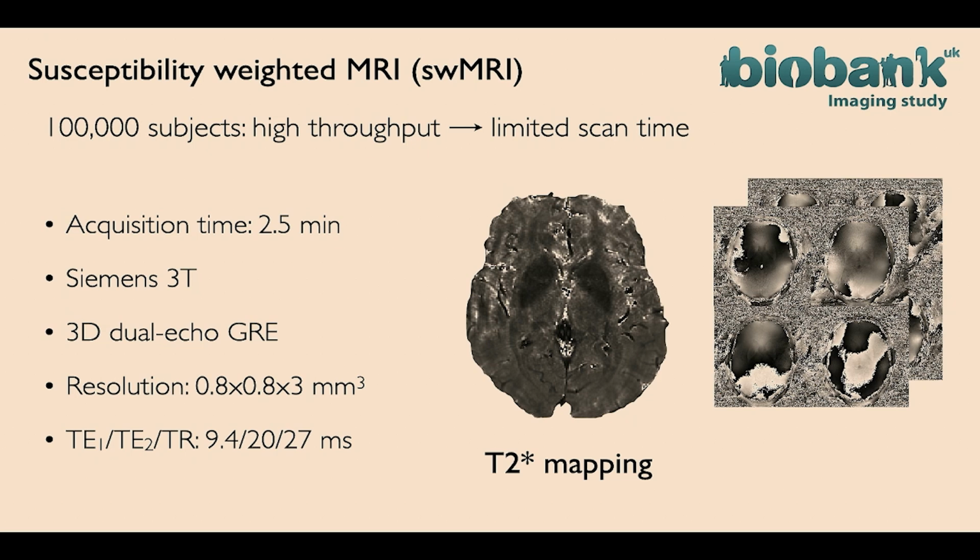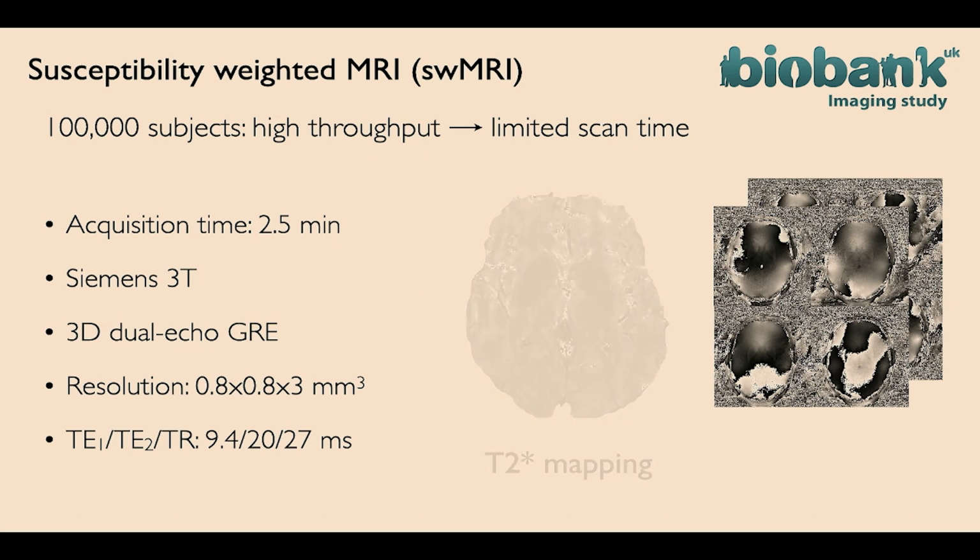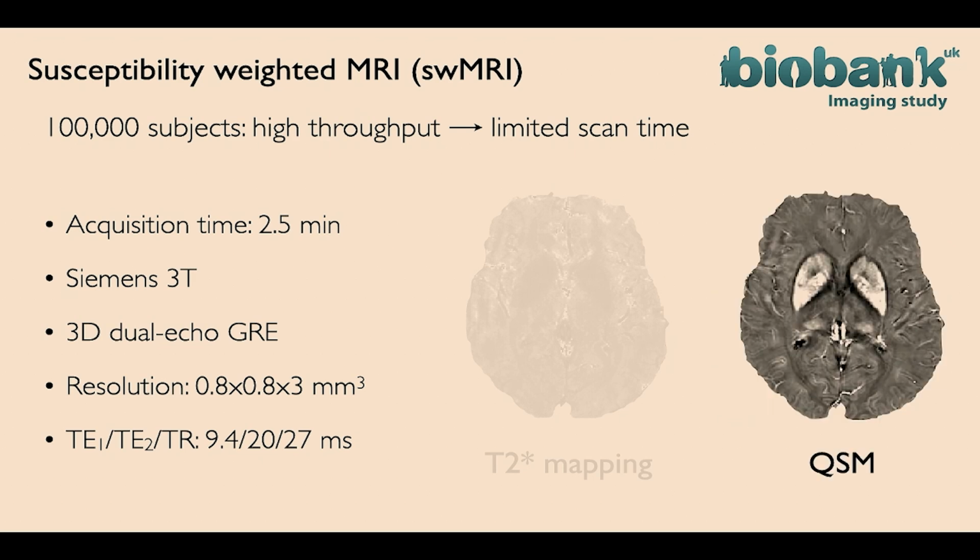So in the first presentation, Professor Munger has given a great overview of the QSM techniques, but just in case some of you just joined us, on the right-hand side is a typical brain QSM image. In essence, the image contrast of QSM is driven by tissue constituents with shifted magnetic susceptibility.